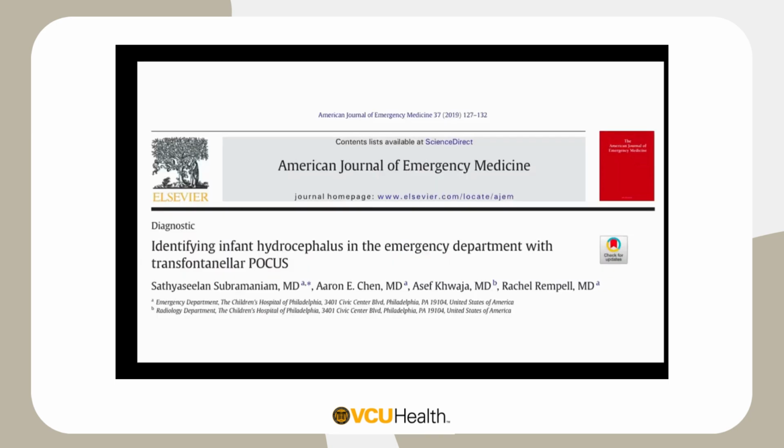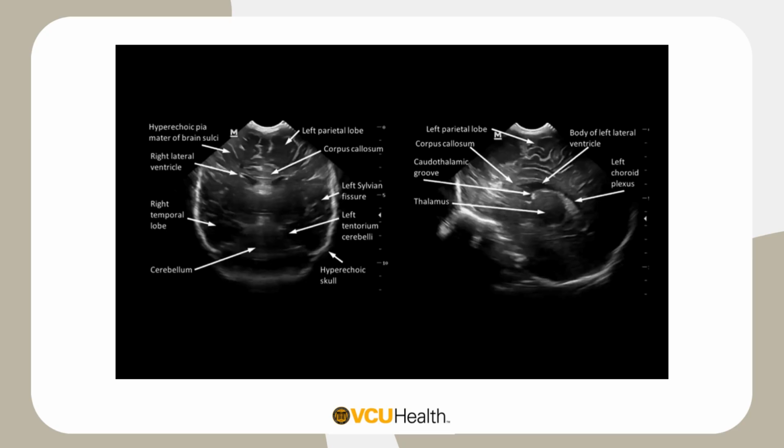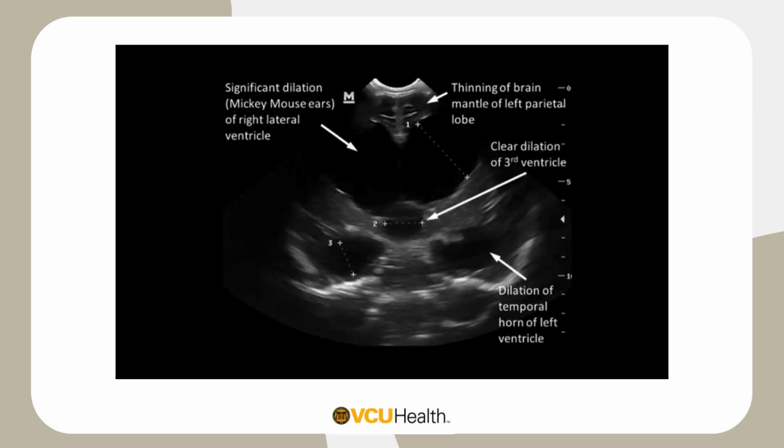Okay. And so there have been studies done to try to identify hydrocephalus in the PER using POCUS with transcranial ultrasound. And here, these are just landmarks that you want to look for in these images through POCUS. And they found that you can potentially identify it with certain measurements, such as dilatation of the third ventricle or thinning of the brain.